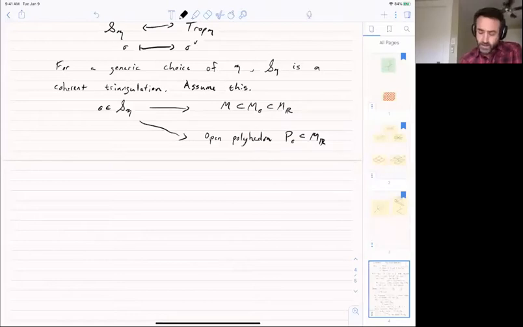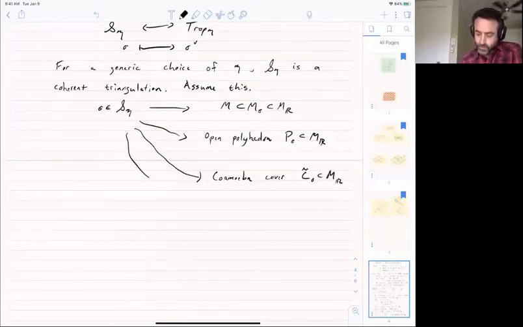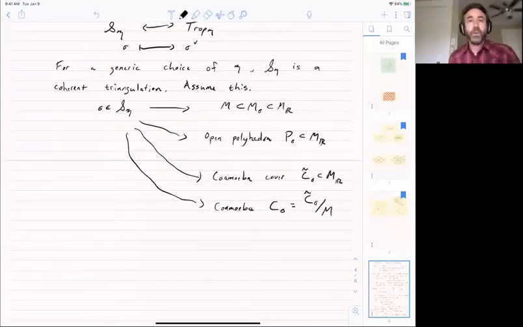And then something that we'll call the co-amoeba cover, of sigma. And then finally, look at the co-amoeba, of course, associated to sigma, just going to simply be quotienting by M.